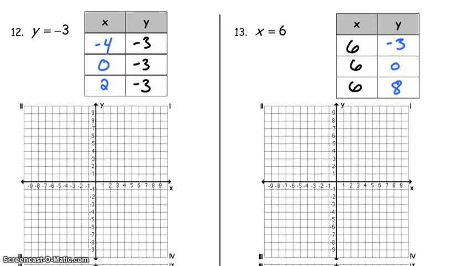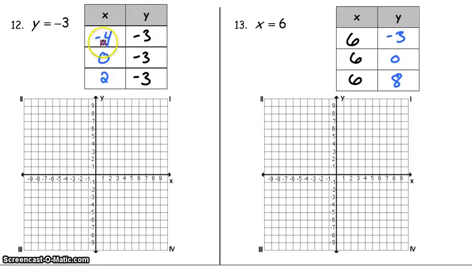So if you just plotted a few of these, negative 4, negative 3, 0, negative 3, and 2, negative 3, you would see that in this function rule, y equals negative 3, you get a horizontal line.